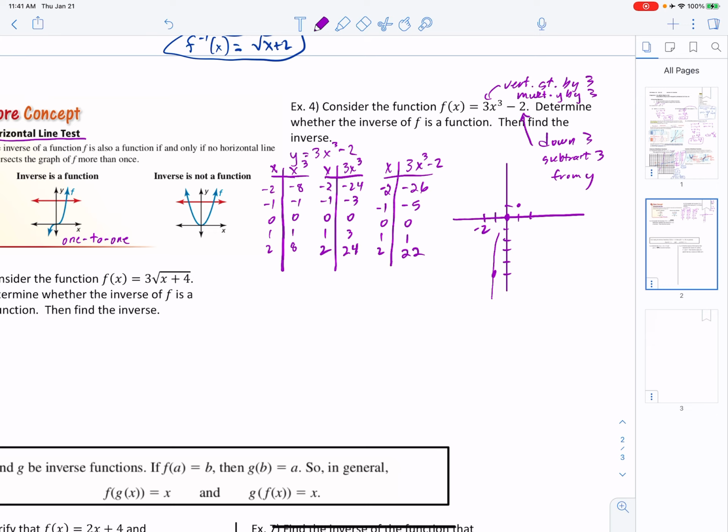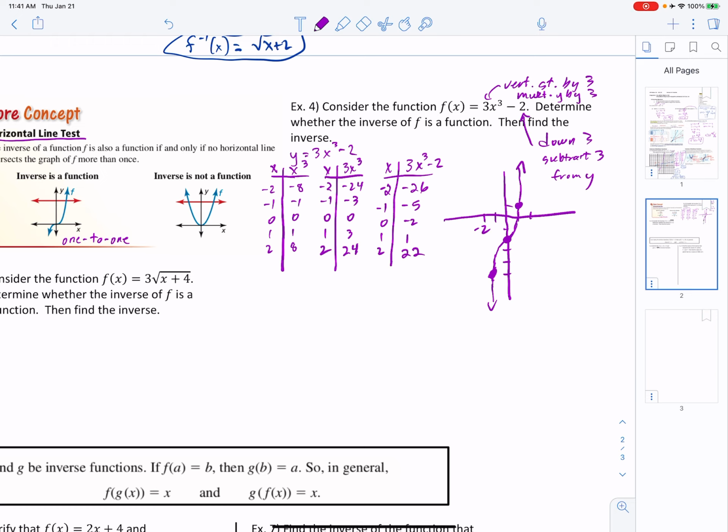Oh, I forgot to go down 2. I was going to say I did something funny. Sorry about that. So I forgot to subtract 2 from 0. I bet you were wondering. So it doesn't go through that 0. It goes through at negative 2. That's going to be better. I knew something was feeling funny. All right, so it's going to look like this. So negative 1, negative 5, 0, negative 2, and 1, 1.